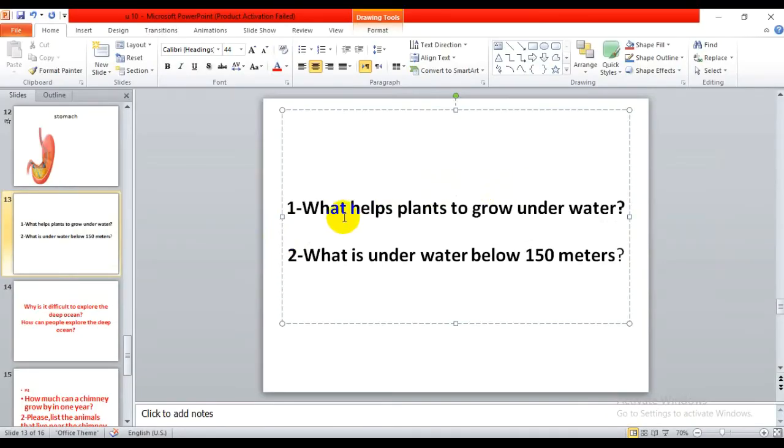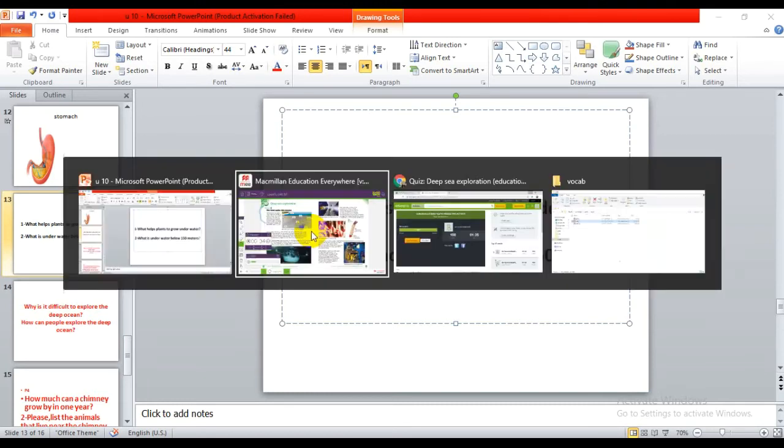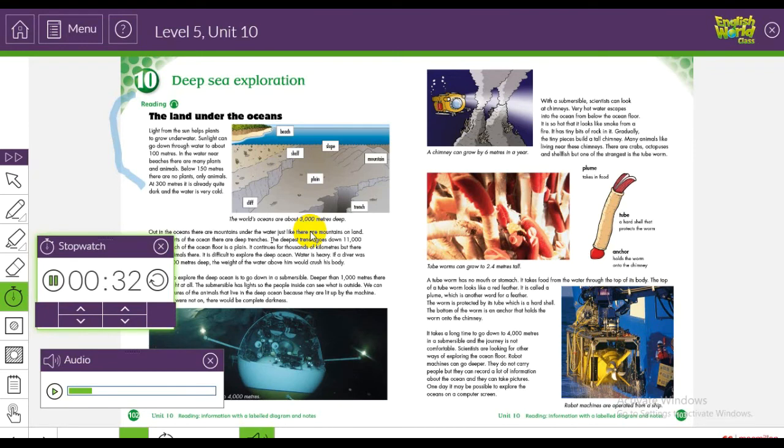The first question is, what helps plants to grow underwater? The second question is, what's underwater below 150 meters? Now start. You have about 30 minutes till you can answer the 2 questions.